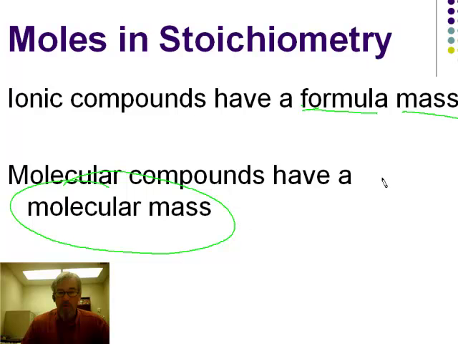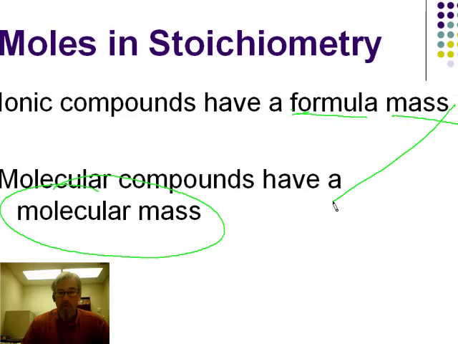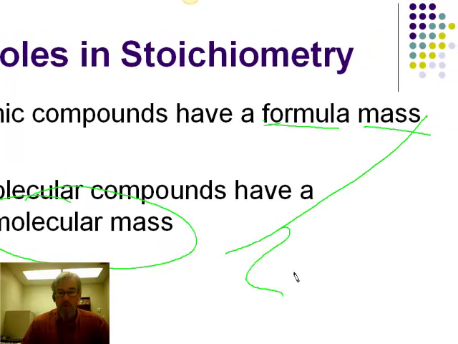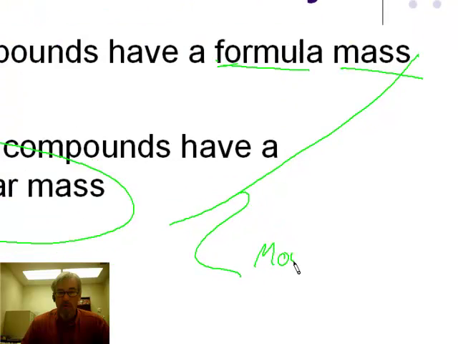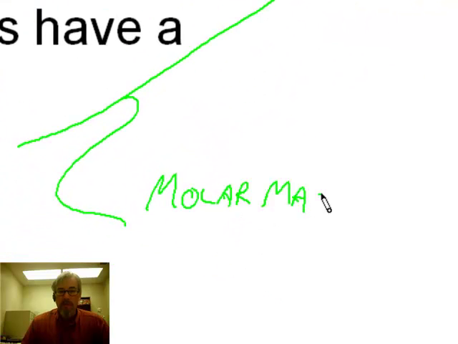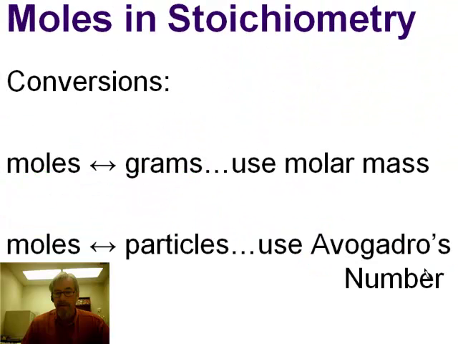But I tend to not distinguish between these two, and I'll just combine them with one term, and that term will just be molar mass. So if I say molar mass and I'm talking about an ionic compound, that means formula mass. If I say molar mass and I'm talking about something that's covalently bonded, a molecular compound, then that really means molecular mass. I'll use those interchangeably in this class.